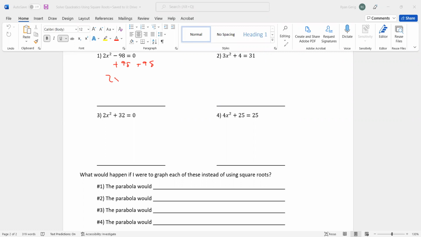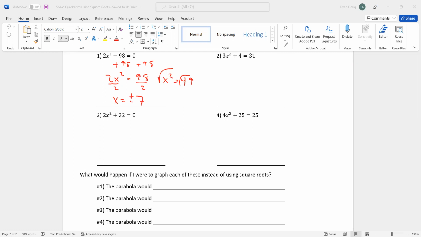I get 2x squared equals 98. Divide by 2. I get x squared equals 49. Okay, once you get to that point where you get x squared completely by itself, take the square root, and you get x equals, and a lot of people are going to put 7. Don't forget the plus or minus. Okay.